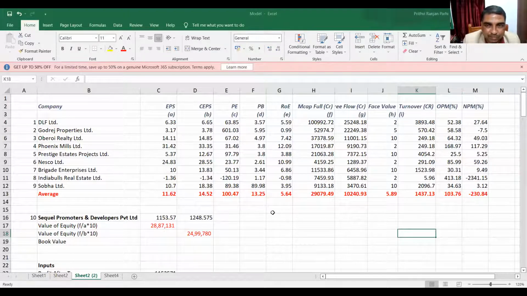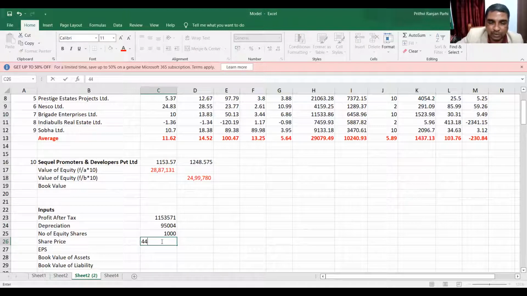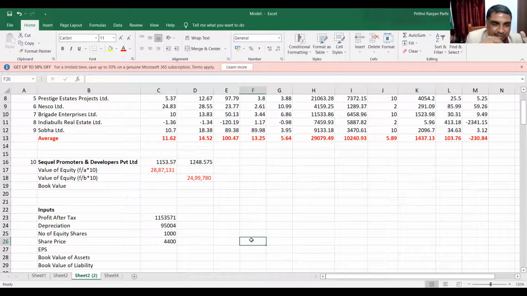Now, in this model, we need the price earning ratio: price and earning. What is the price? Price of equity shares, we're taking 4,400. Of course, we know it may give you some offset figure because it is based on projection only. The company's real worth may not be like that.